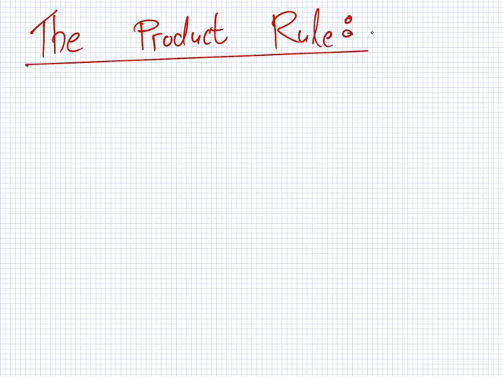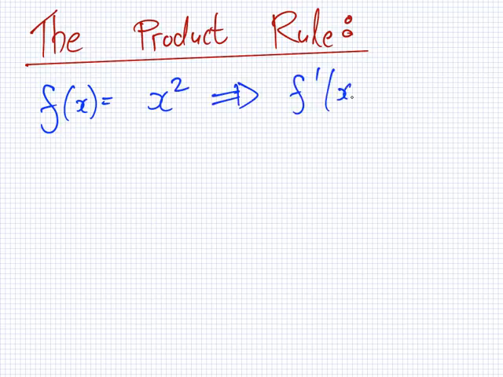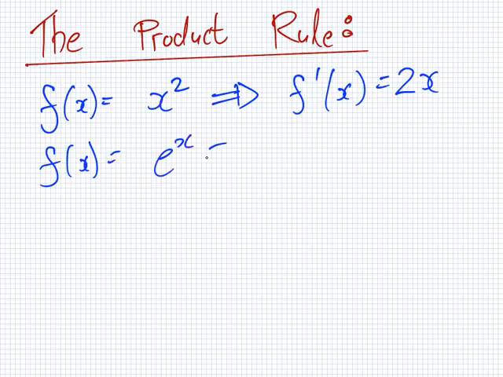So, in the last semester you learned how to differentiate something like this. You know this, and you also learned that, for example, the derivative of e^x, I'll use a different letter, is e^x.